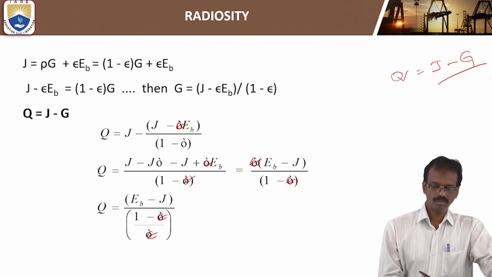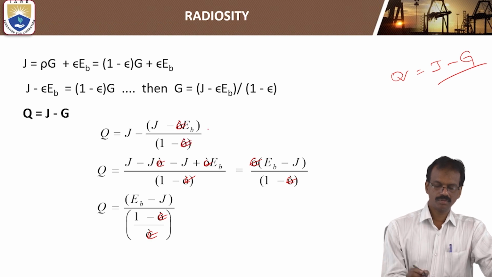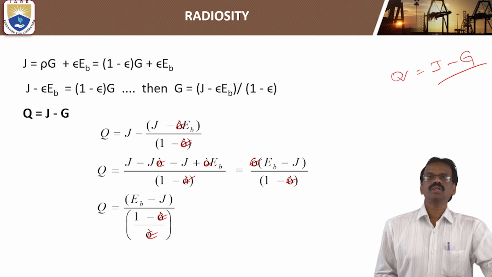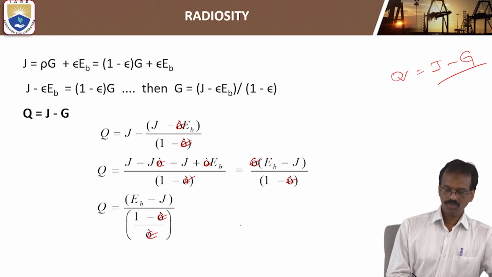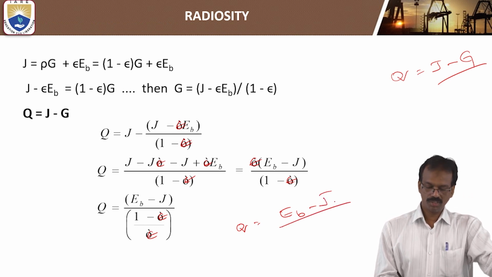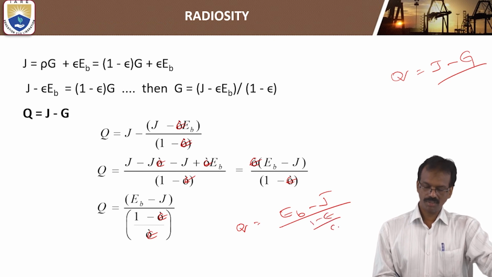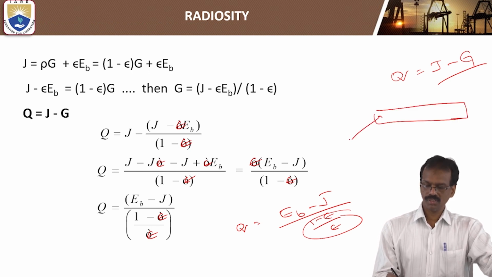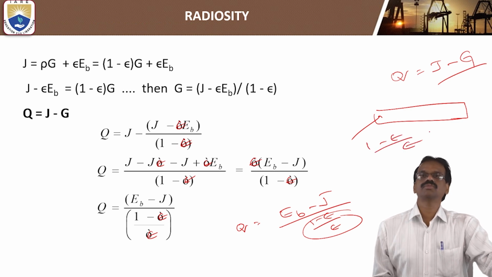Finally we got the formula Q is equal to the emitting energy EB minus radiosity J, divided by the surface resistance, 1 minus epsilon by epsilon. So it is called the surface resistance.